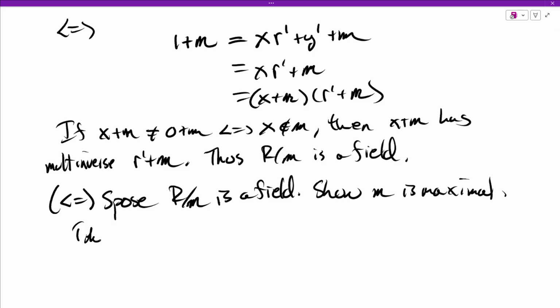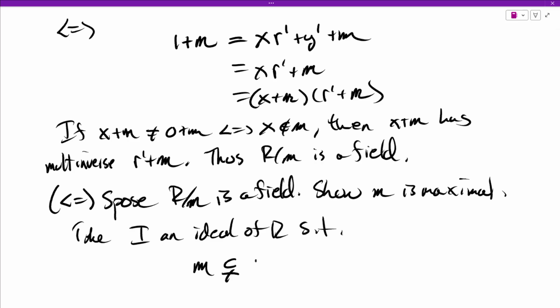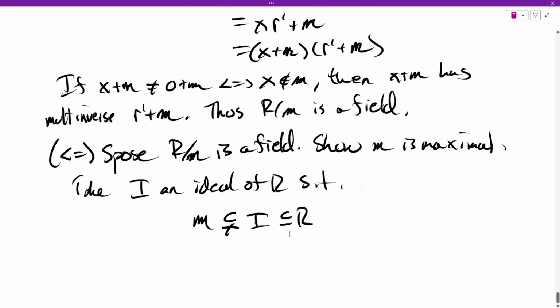Well, let's take some ideal I such that M sits between I and R, but I is not equal to M. So I has more elements than M. Since I has more elements than M, there exists some y in I minus M, something in I that's not in M.